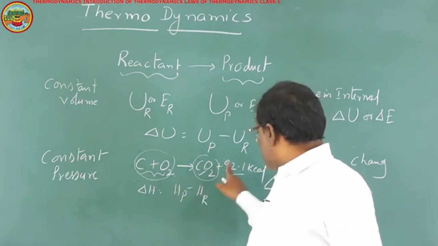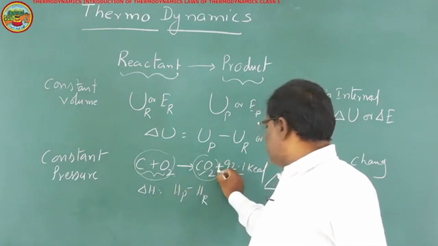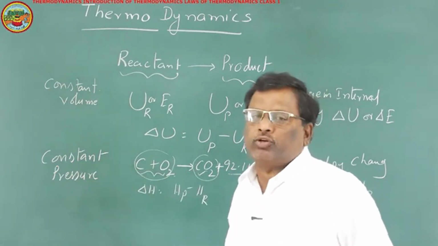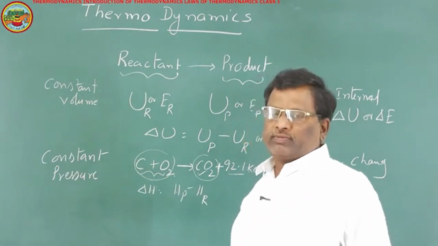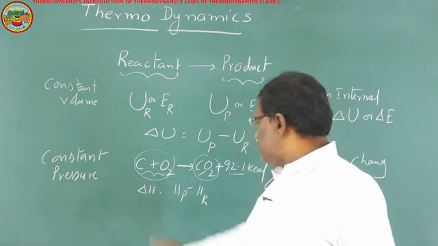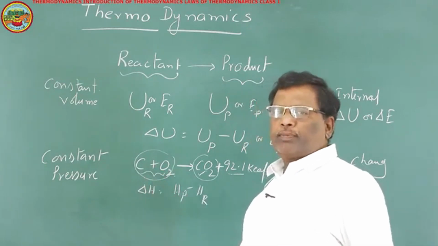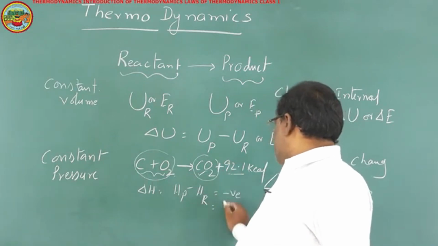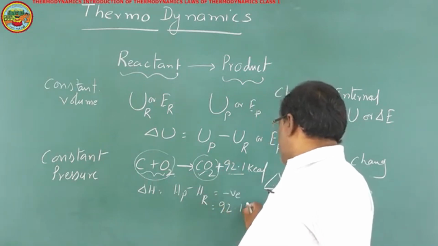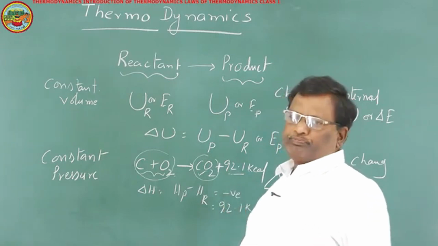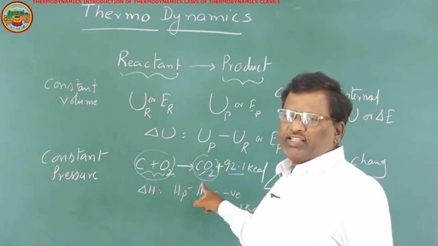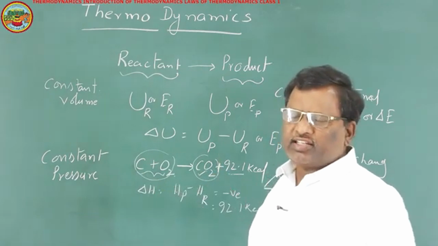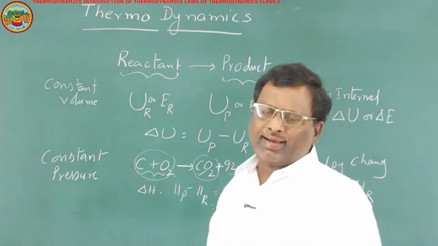That's why reactions in which heat is evolved are said to be exothermic reactions. In exothermic reactions, delta H and delta U values are negative. That means it can be represented as 92.1 kilocalorie. If we express the heat along with the reactants and products, we add a plus sign.